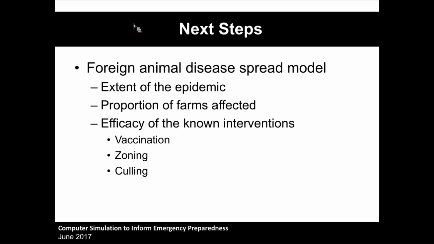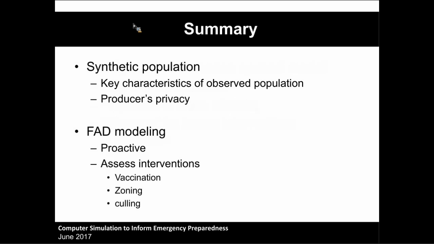Our next step, once we have this population structure, would be to look into several foreign animal diseases that could affect the Ontario swine industry and see what the known interventions and their efficacy are. For example, it could be vaccination, it could be zoning and culling, and which combinations of interventions work better than others.